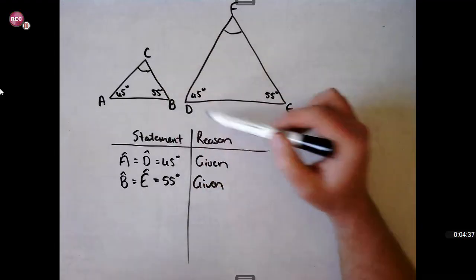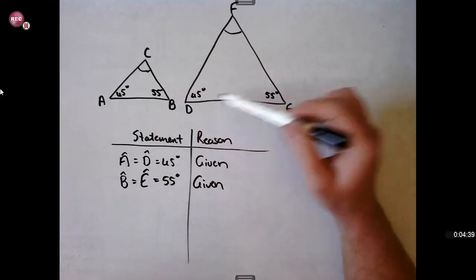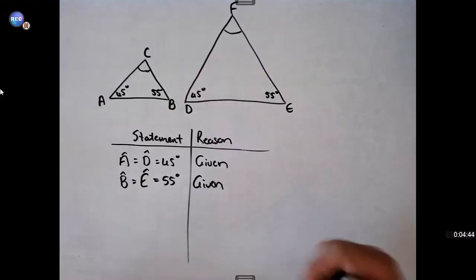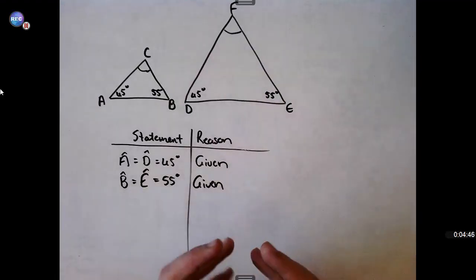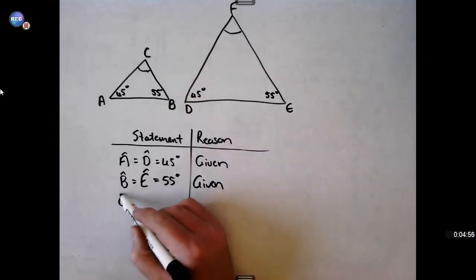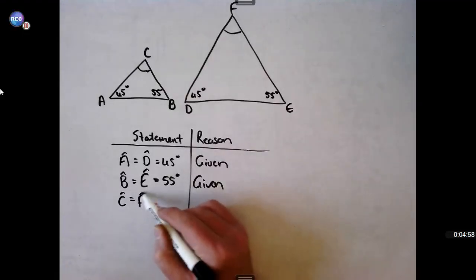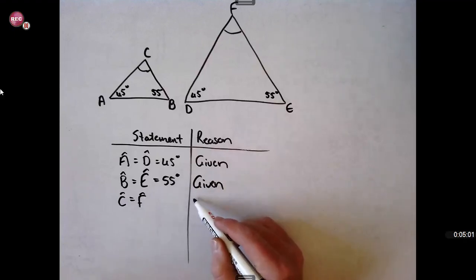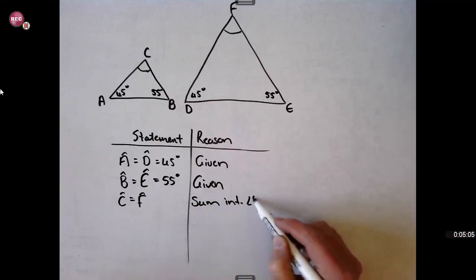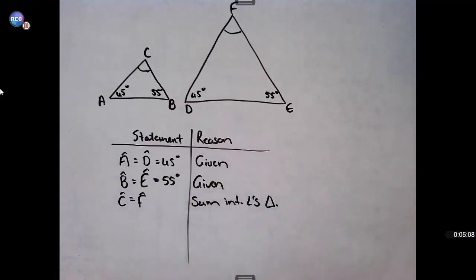If I calculate the interior angles of a triangle using these 2 angles, I will get angle F. And remember what I told you, it doesn't matter if the shape is enlarged or reduced, the angles will always stay equal. It is just your sides that will change its proportion. Okay, then, so angle C is equal to angle F. And the reason there is because you have to use the sum of the interior angles of a triangle in order to calculate for those angles. And they will be the same.